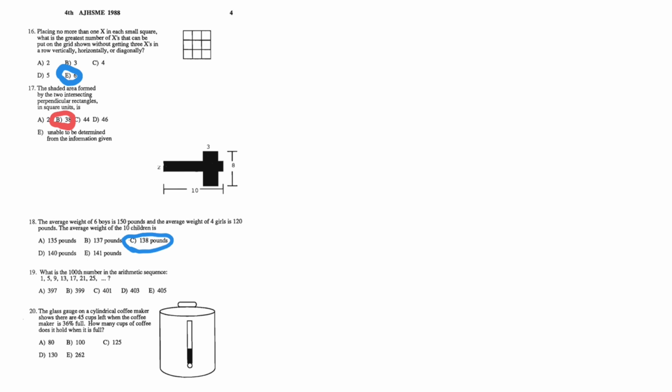Number 19. What is the 100th number in the arithmetic sequence 1, 5, 9, 13, and so on? For an arithmetic sequence, the nth term formula is a_n equals the first term plus n minus 1 times the common difference.